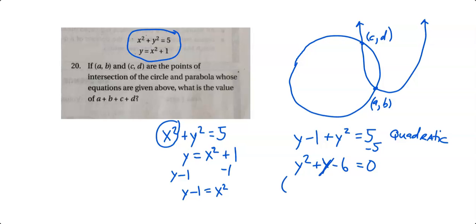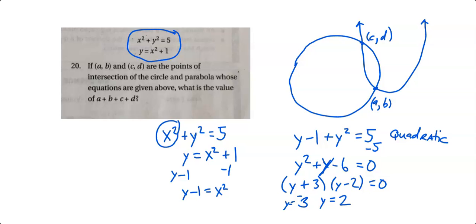And now when we factor, we get y plus 3 times y minus 2 equals 0. So that means y can equal negative 3 or y can equal positive 2.